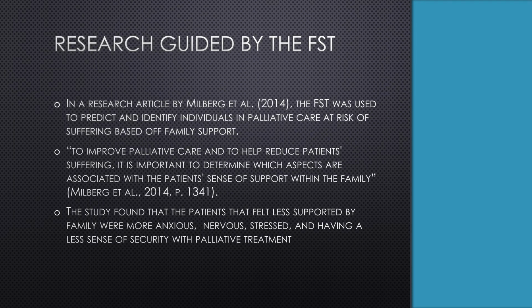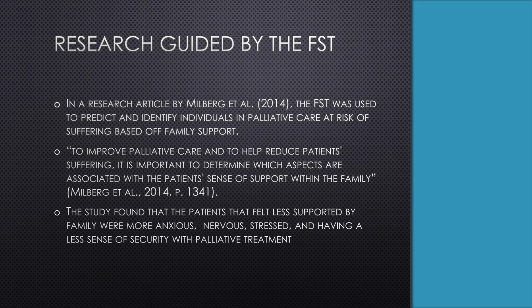Another research article was used to predict and identify individuals in palliative care that may have been at risk for suffering based off of family support. In the article, it stated that to improve palliative care and to help reduce patient suffering, it is important to determine which aspects are associated with the patient's sense of support within the family.